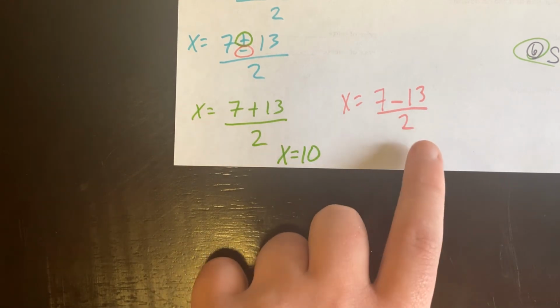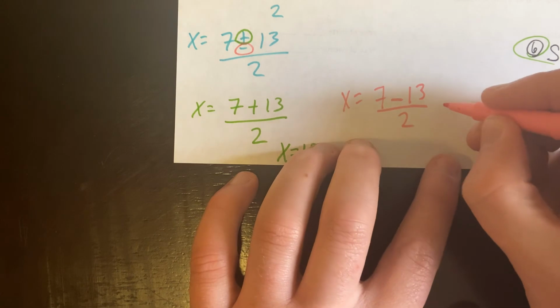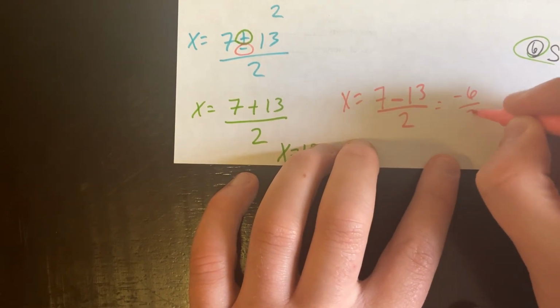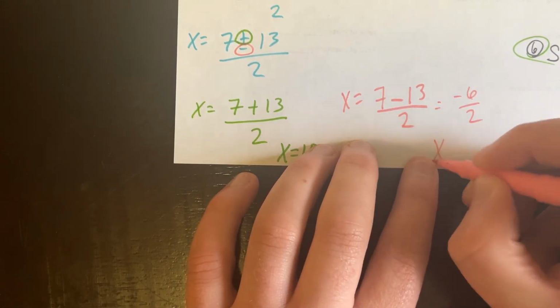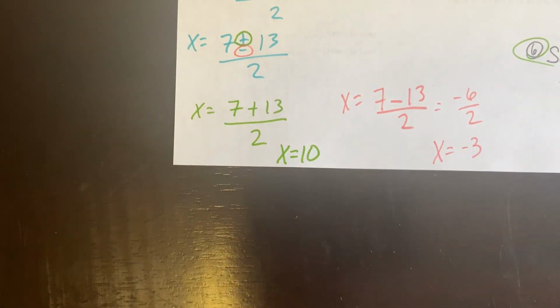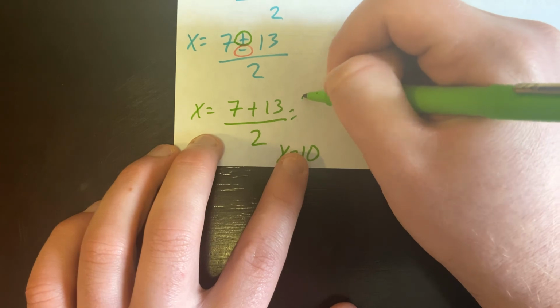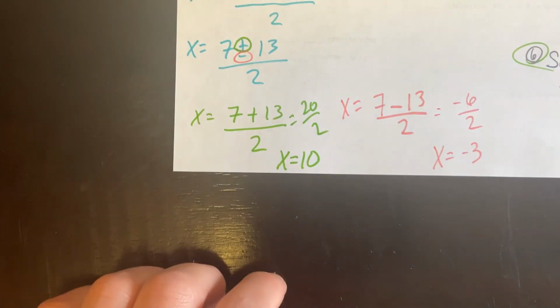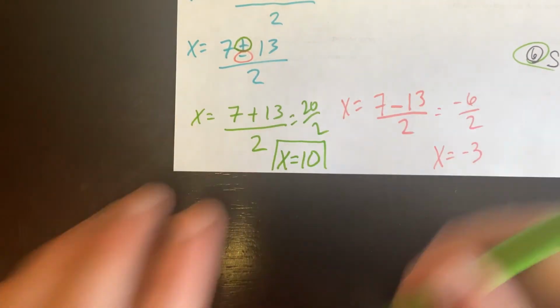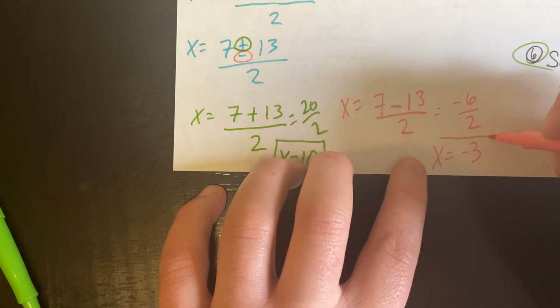Well, 7 minus 13 is negative 6. Negative 6 over 2 is negative 3. Okay, there are your two solutions.